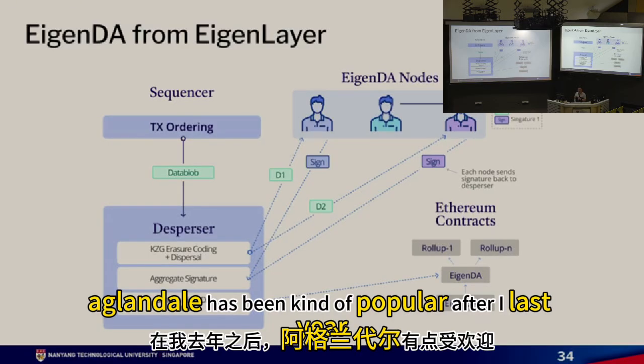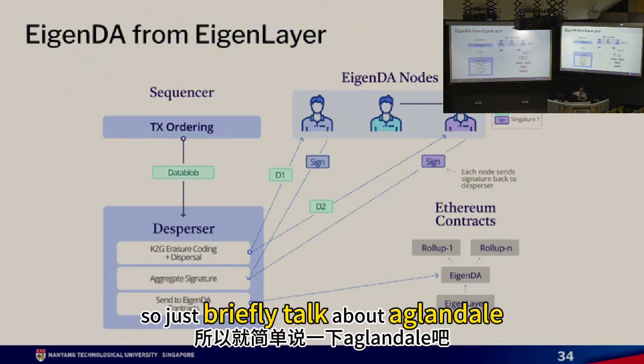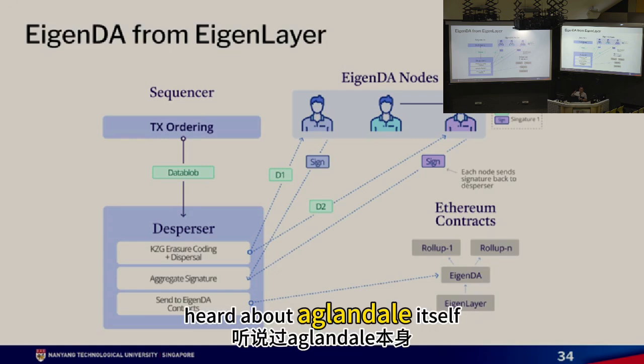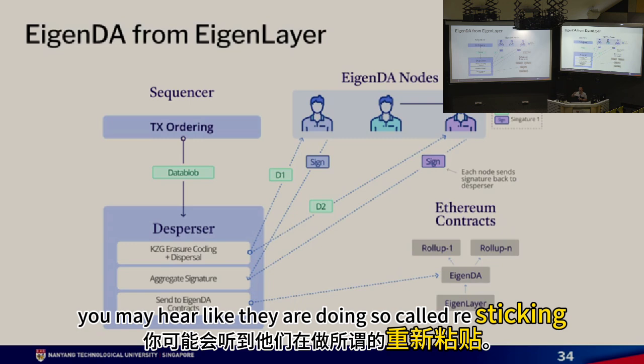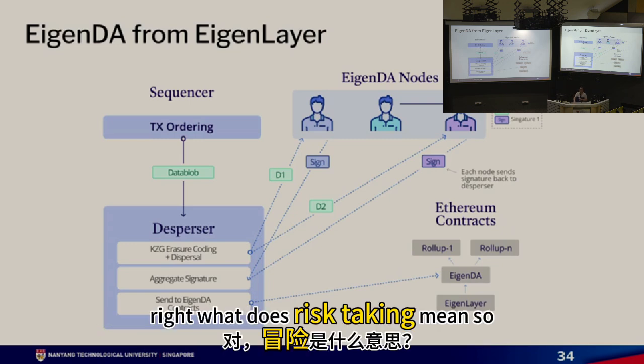Eigenlayer has become quite popular since last year, so let me just briefly talk about it. If you have heard about Eigenlayer, you may have heard that they are doing so-called restaking. What does restaking mean?